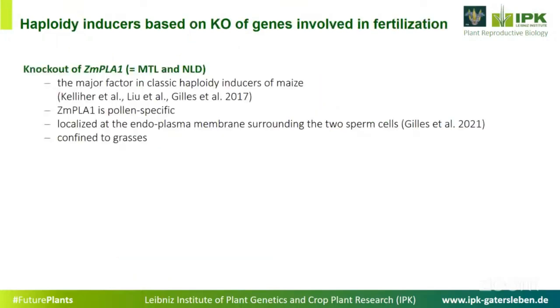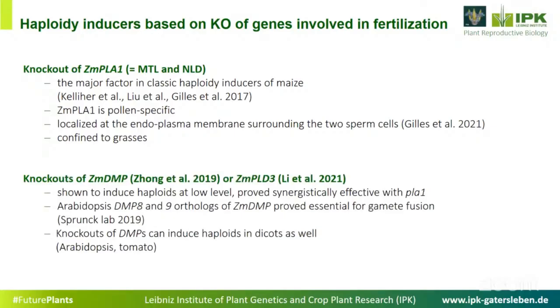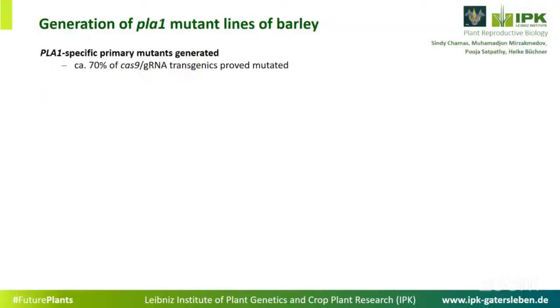Since this gene was identified, of course, we were looking at whether there are orthologs in other species, and we found an ortholog of this PLA1 also in barley. I will not stress you with the details given here, because I have many other things to tell. There's a second gene which can also contribute to that, but this is not of interest today.